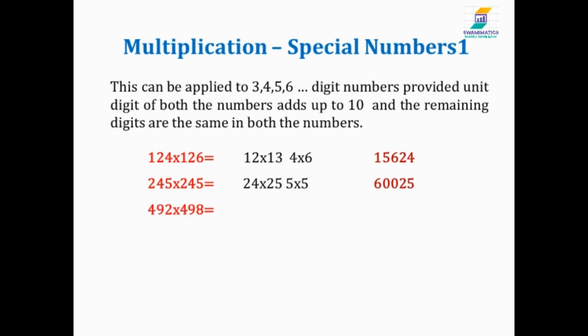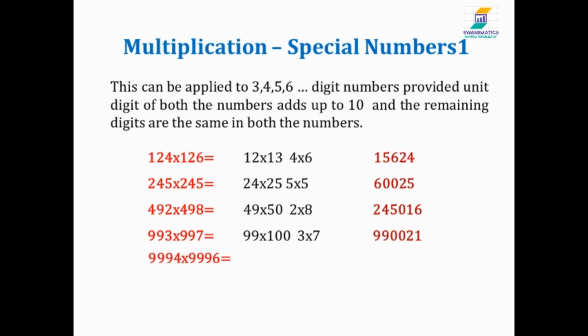492 into 498. It is 49 into 50 and 2 into 8. 50 is again 100 divided by 2. So it is 245016. 993 into 997. 3 plus 7 is 10, so 99 into 100, and 3 into 7, 990021.